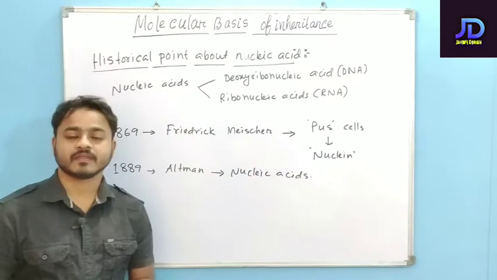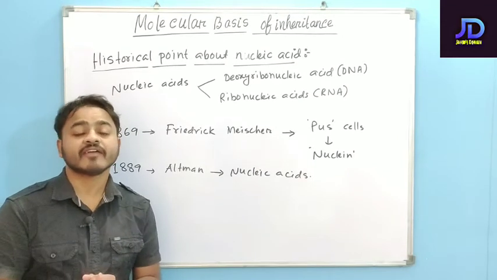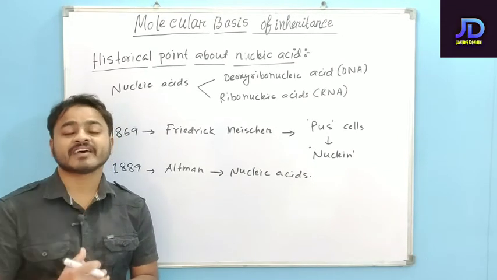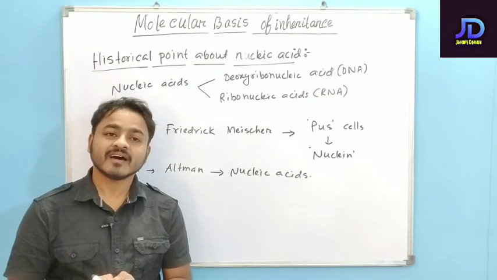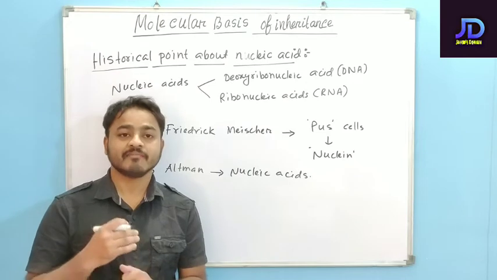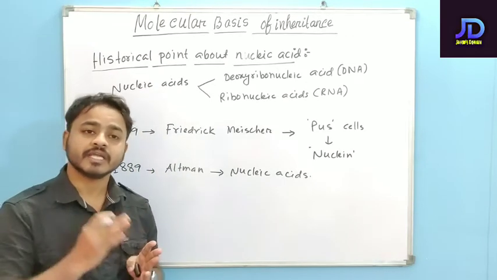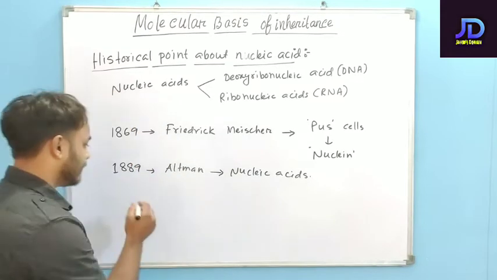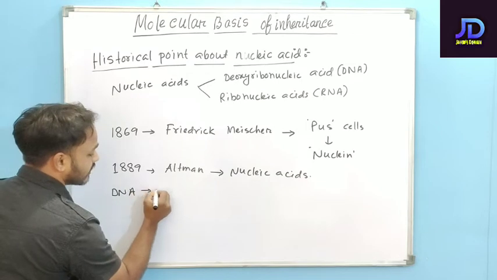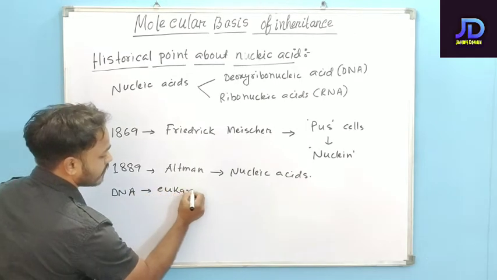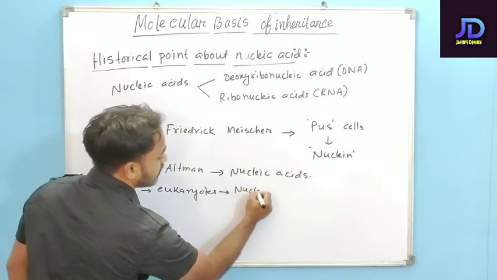Now, in an organism, where is the DNA found? If you look at the eukaryotes, in case of eukaryotes, DNA is found mainly in the nucleus.